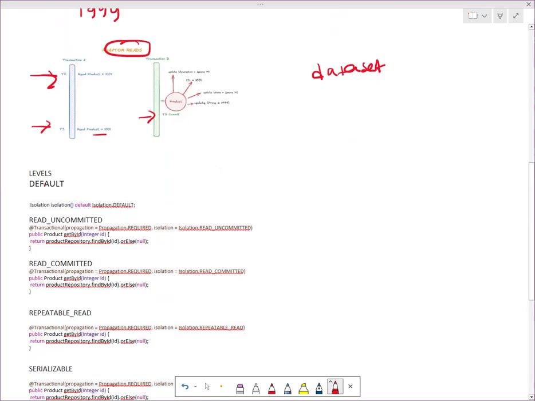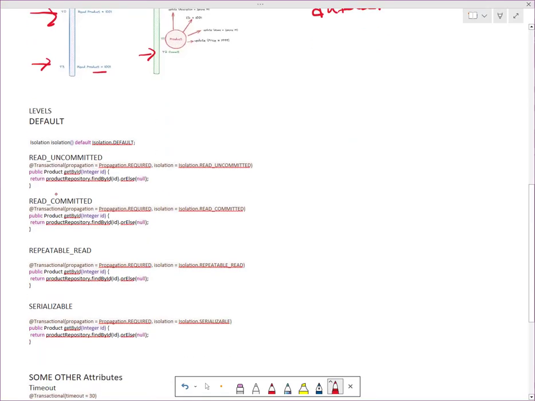In Spring, the transactional annotation contains the isolation level property, with values such as default, read uncommitted, read committed, repeatable read, and serializable. Spring transactions use the default isolation level, which means the default isolation level of the database.